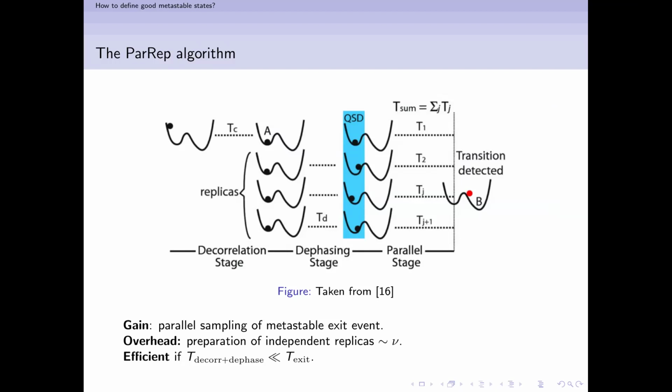And once you have a bunch of replicas distributed according to the QSD, then you can do the sampling of the exit event, and you speed up the expected exit time by a factor given by the number of replicas that you use. So the gain is in this parallel step, where you sample in parallel the exit event.